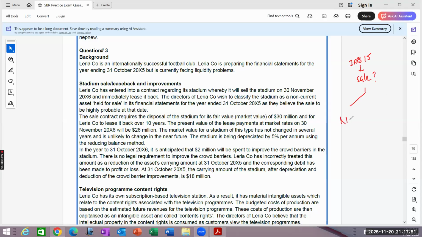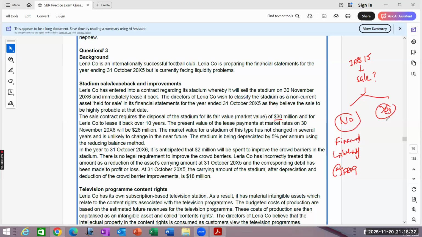If it does not satisfy the IFRS 15 criteria, then it's not a sale and leaseback. Then the amount we have received as sale proceeds will be treated as a financial liability under IFRS 9. But if the sale criteria is fulfilled, then it's a sale and leaseback.